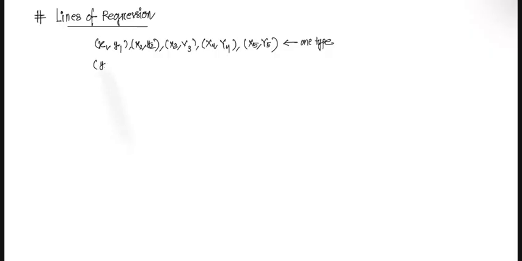Another type is y1, x1. It can be written like this, no? y2, x2, y3, x3, y4, x4, y5, x5. It can be continuous.